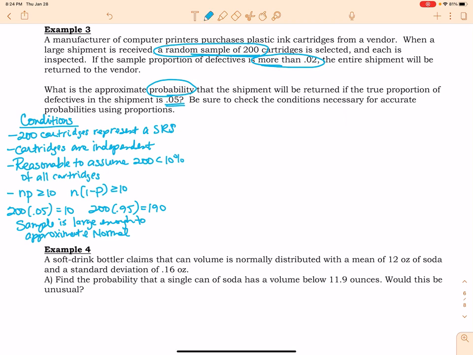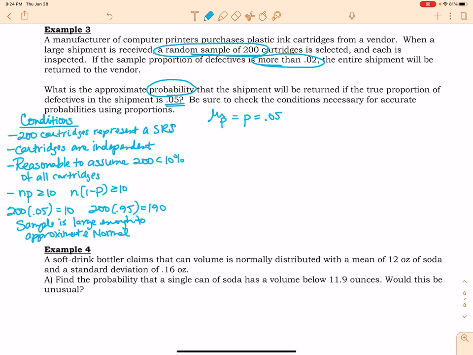Once I determine that, now I've got to find my parameters. So that means I am going to need what the mean here is, or the average, and it is going to be equal to p. You can also think of this as the center so that we don't get confused later when we start talking about quantitative data and means versus proportions.